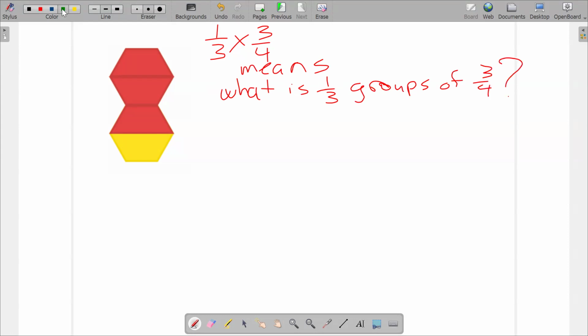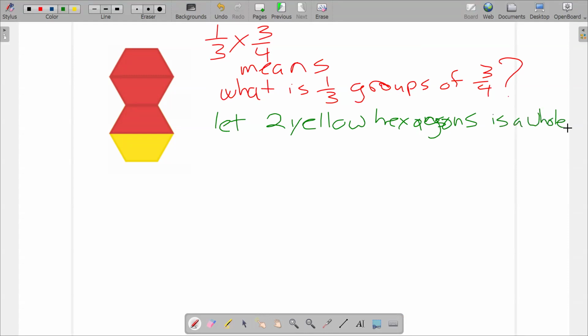To solve this, I had to let 2 yellow hexagons be a whole, at least if I want to use pattern blocks to do this. And then I can say 3 red trapezoids are 3/4.